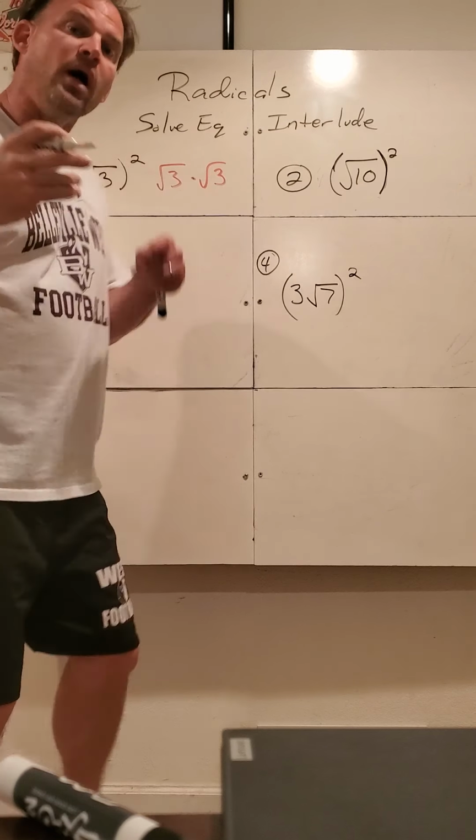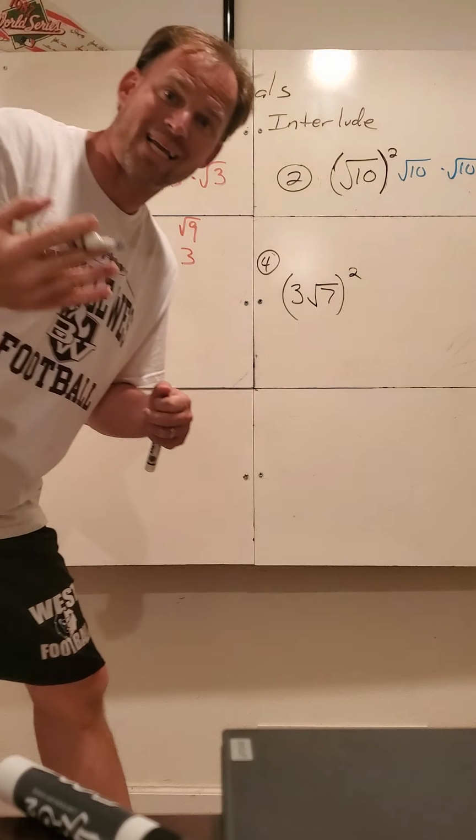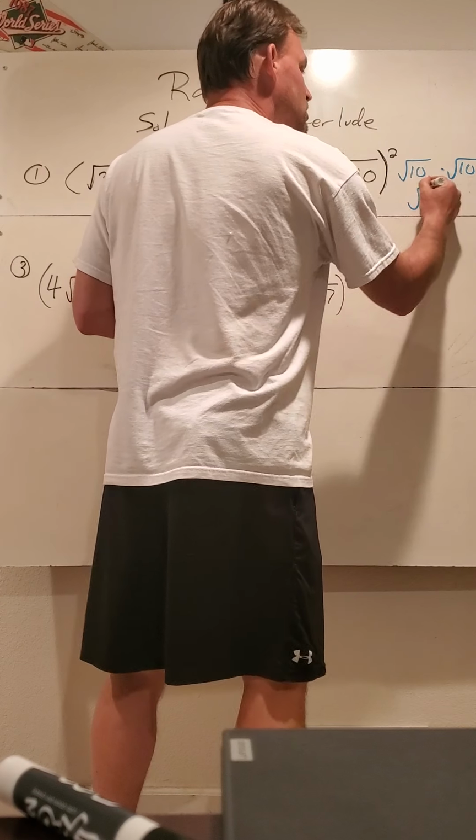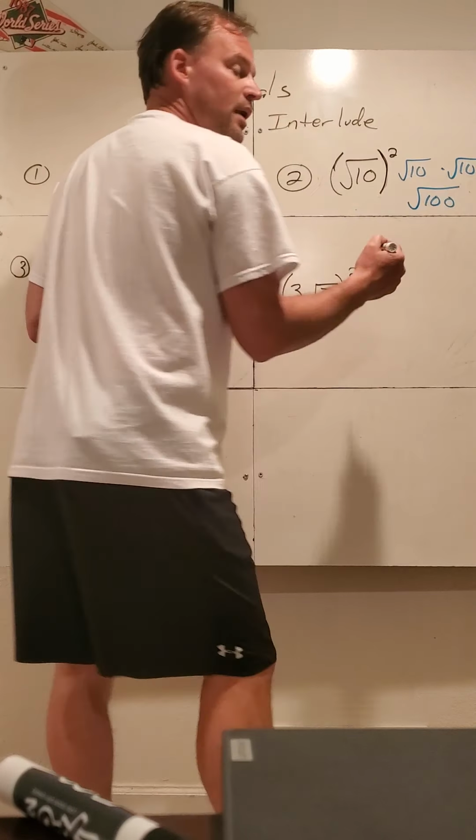Right now at number 2, the square root of 10 squared, you should know off the top of your head it's 10. We've done a bunch of these. To walk you through it: square root of 10 times the square root of 10, because I'm squaring, I'm multiplying it by itself. That's the square root of 100.